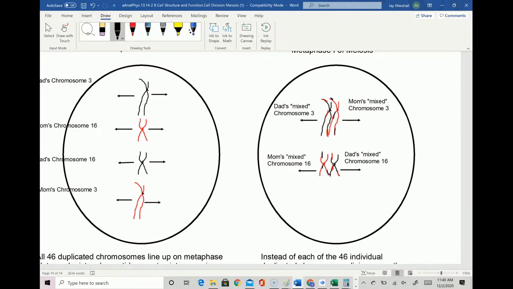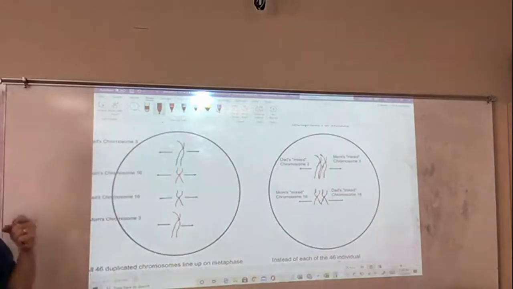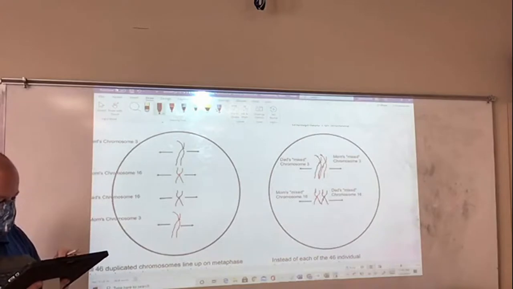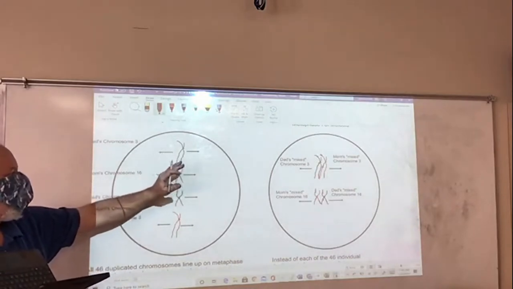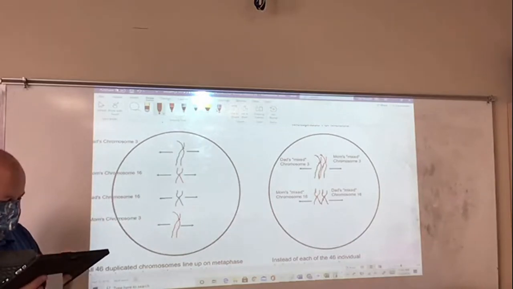Here in mitosis, chromosome 3, chromosome 16, chromosome 16, chromosome 3. One is mom's and one is dad's. And just the individual things go one way or the other way. Here, I have the pairs that are lined up, and the homologous pairs are separated. Okay, so in meiosis 1, we separate pairs of homologous chromosomes. In mitosis, we separate just duplicated chromosomes.